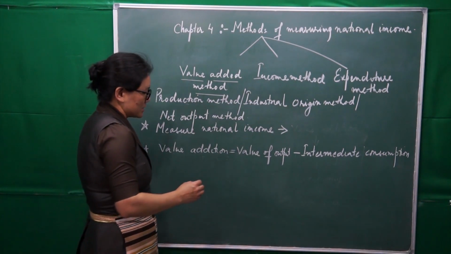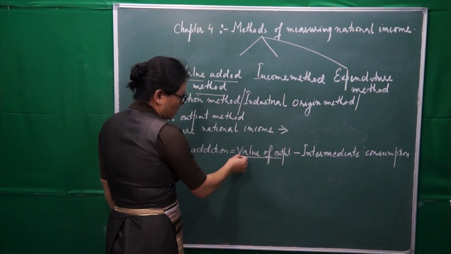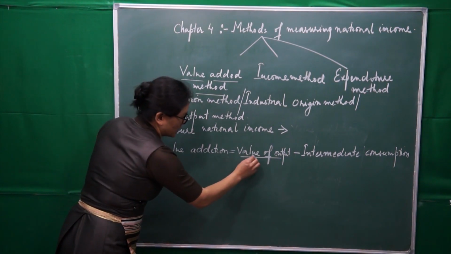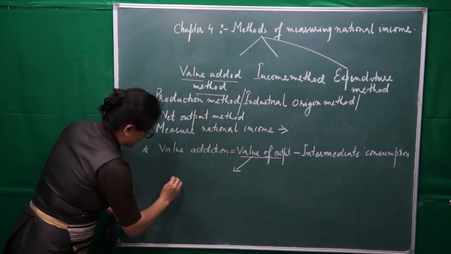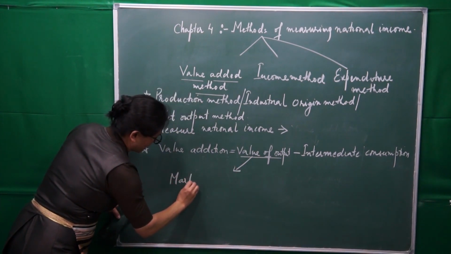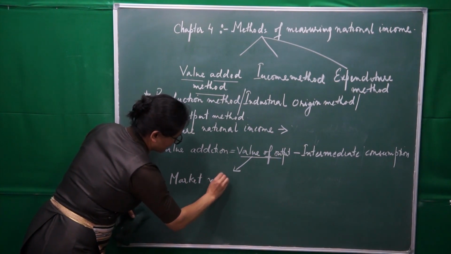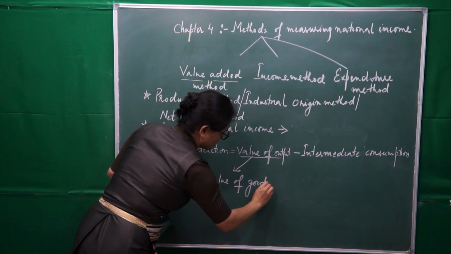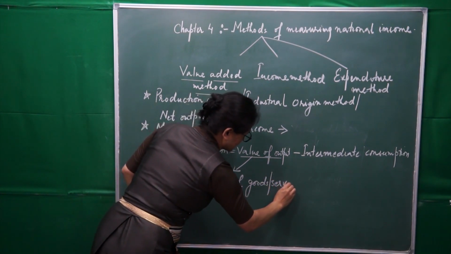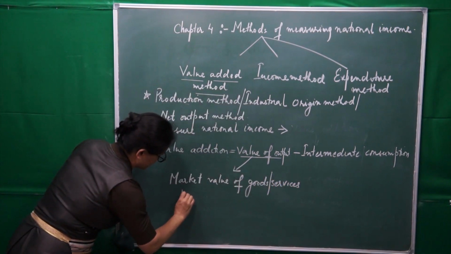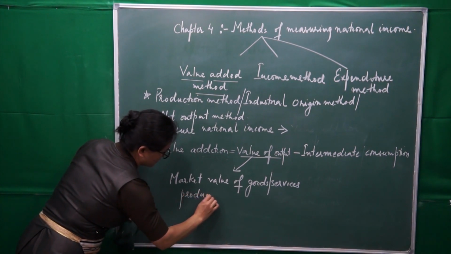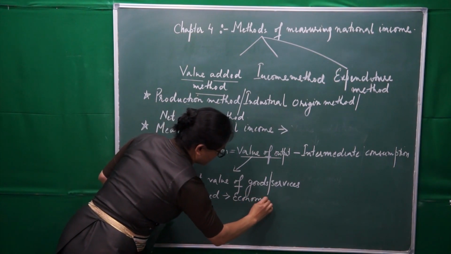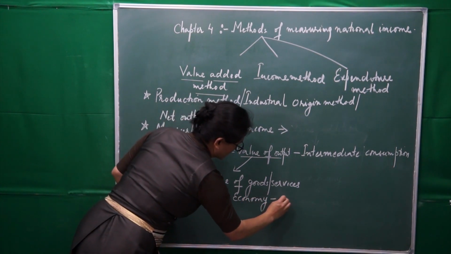Now we have to see this. Value of output. What is this value of output? It is the market value of goods or services produced in an economy during 1 year.